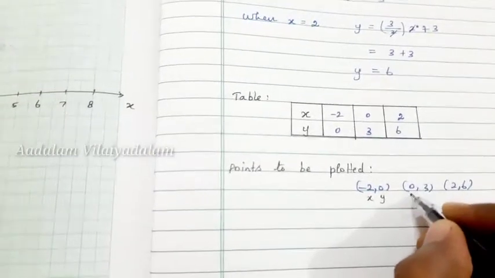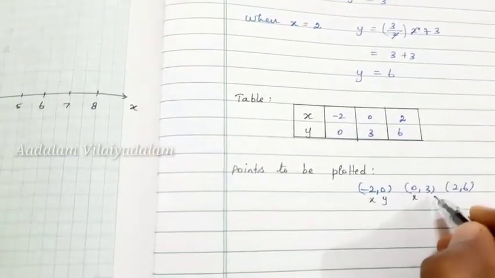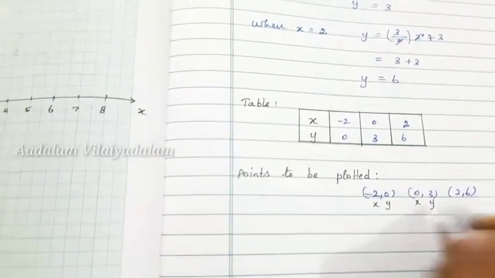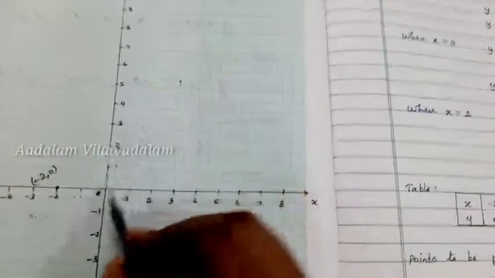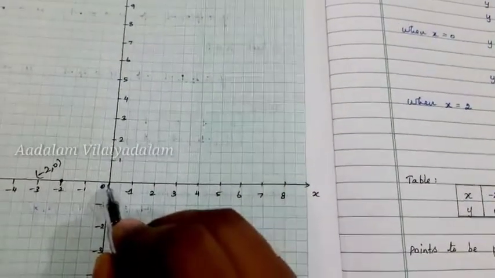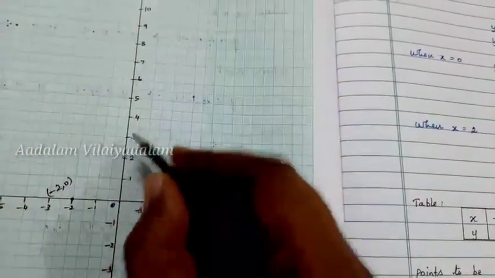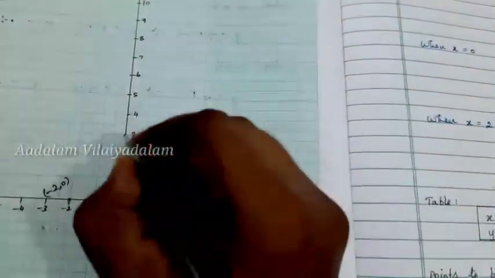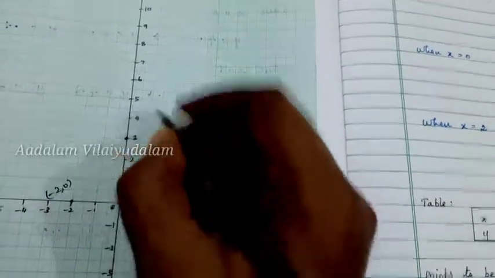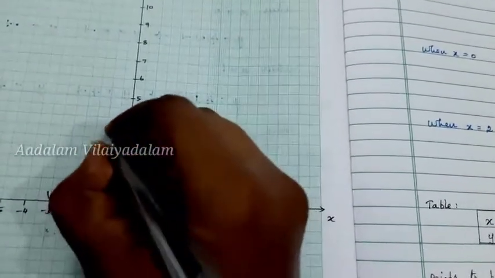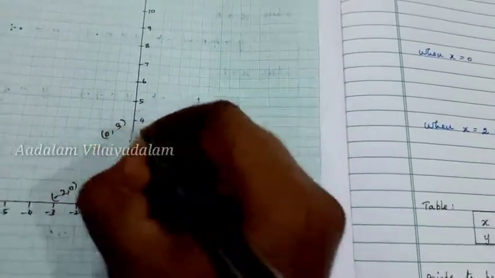So for the 0, look at it in x-axis. For the 3, let's look at it in y-axis. 0 will be in this origin point. Then the 3 is in y-axis, which means the point is, this is the 1. So the point is (0, 3).